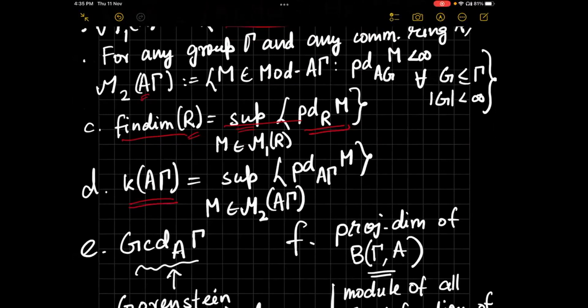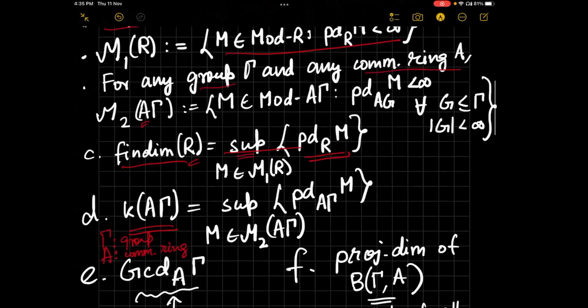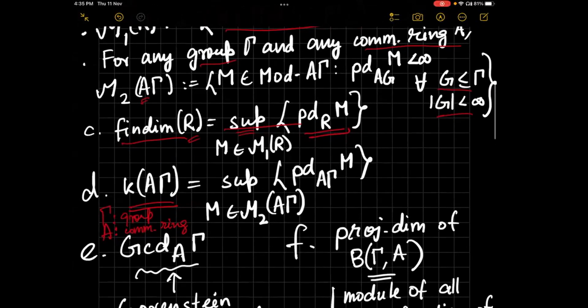So if gamma is a group and A is a commutative ring, then K of A gamma will be defined as the supremum over the projective dimension of all those A gamma modules which have finite projective dimension over all finite subgroups. And you will see later on how this will also be a very useful invariant to have.